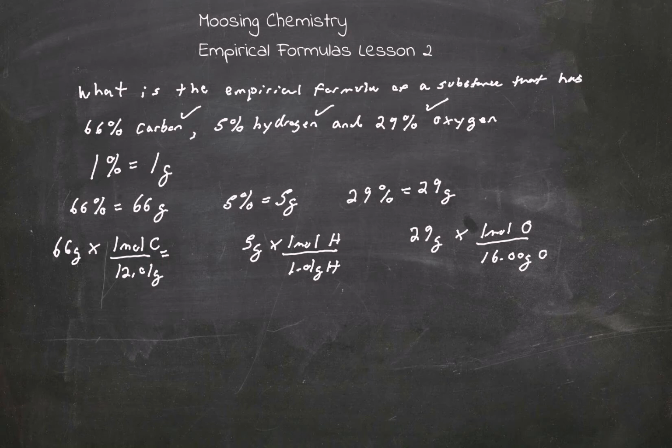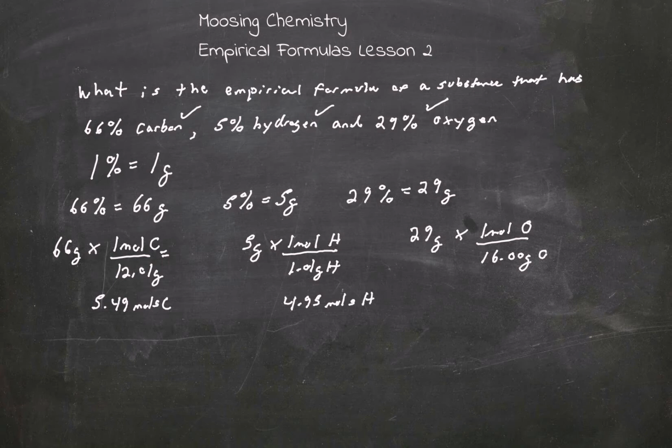So let's go ahead and figure out what that's going to give us. 66 divided by 12.01 gives me 5.49 moles of carbon. 5 divided by 1.01 is going to give me 4.95 moles of hydrogen.